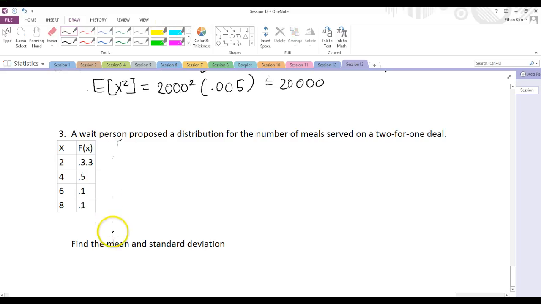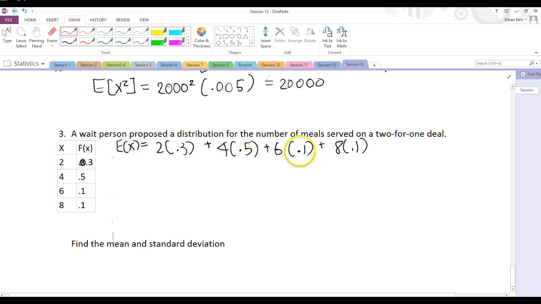So that's going to be 2 times, okay, sorry, this is supposed to be 0.3. 0.3 plus 4 times 0.5 plus 6 times 0.1 plus 8 times 0.1.